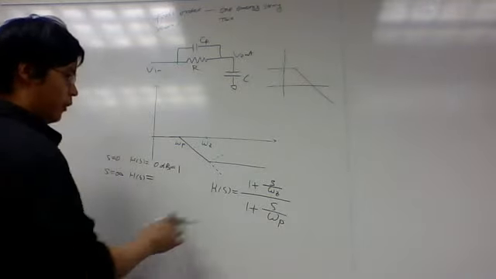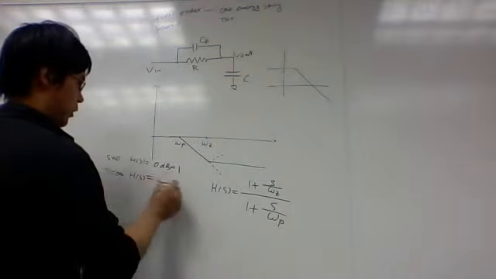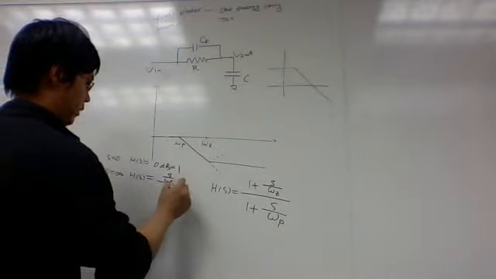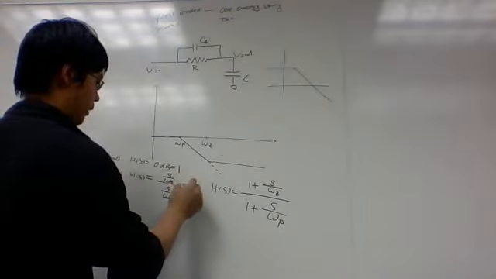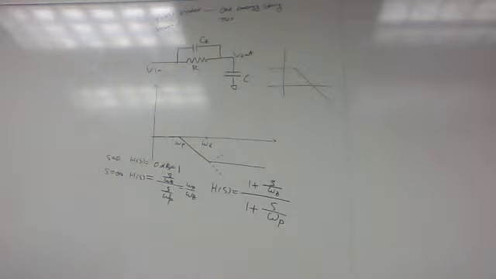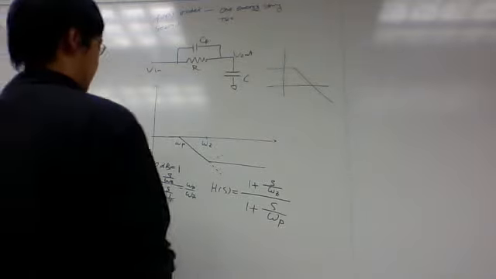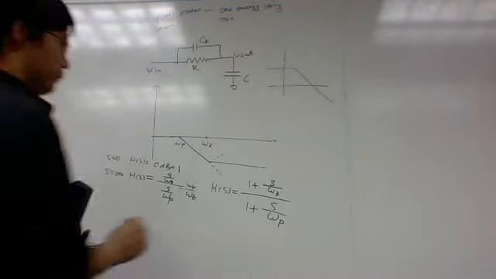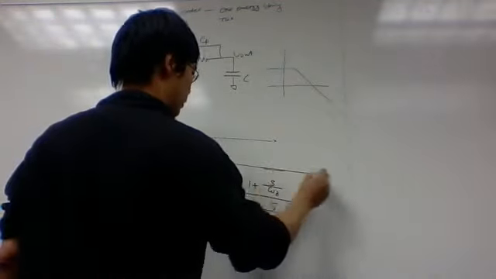If s is infinite, you get s over omega z divided by s over omega p, so basically it will be omega p divided by omega z. So that's the final value.